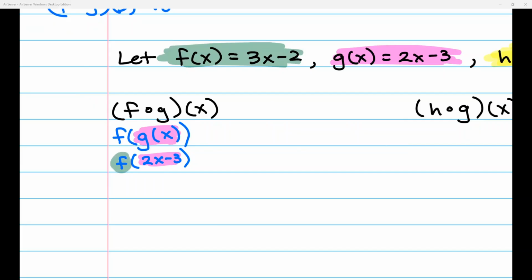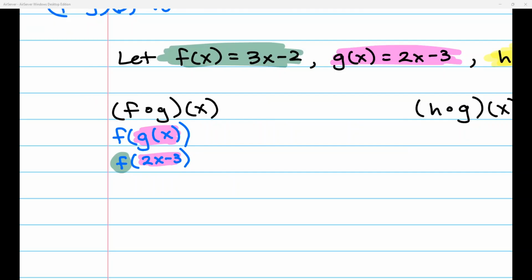Take that 2x minus 3, which is in pink, and plug it into my green function, which means anywhere I see an x, I get to replace it. So I'm going to replace this, which means the 2x minus 3 is going to go right here.